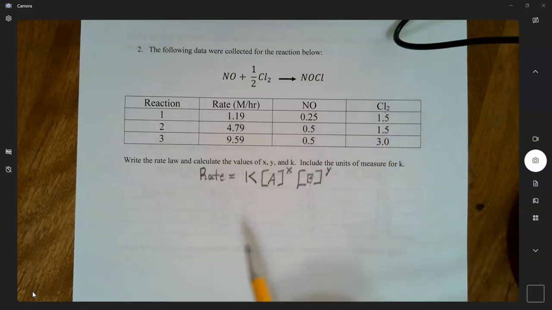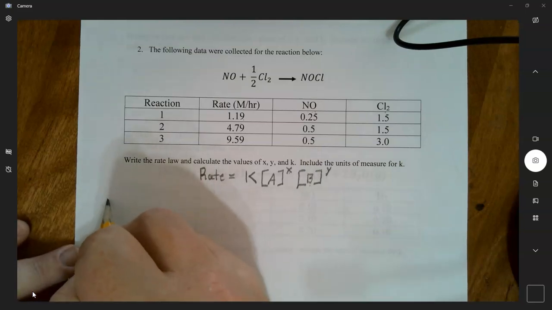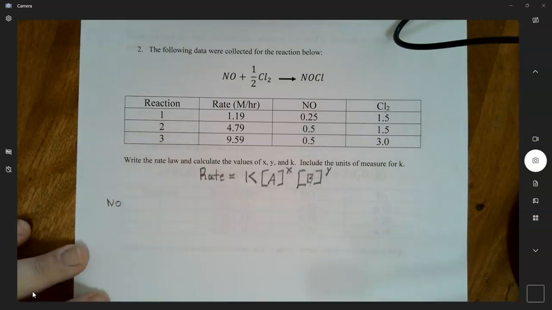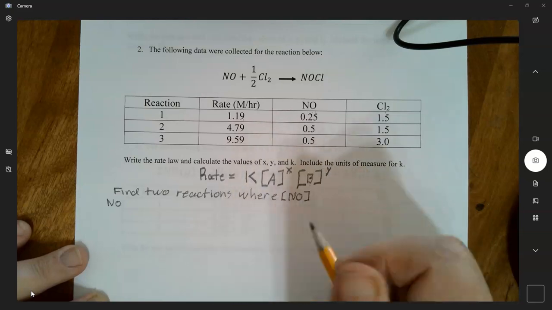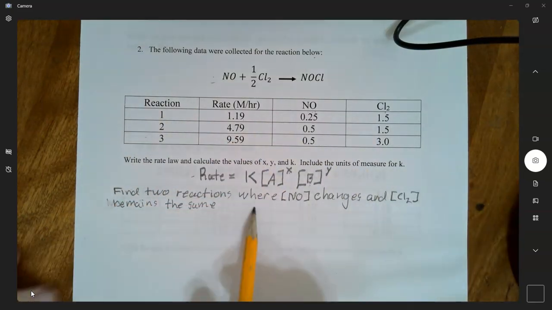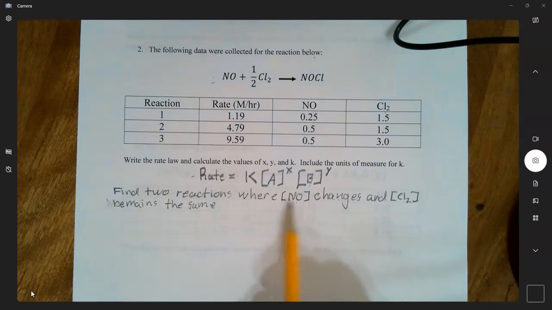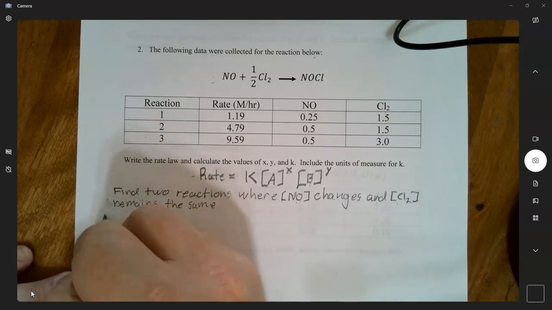So we'll start with NO, so I'll write that over here. Okay. And what you do is find two equations. Okay, so you're going to find two reactions where the concentration of NO changes, and the concentration of Cl2 remains the same.